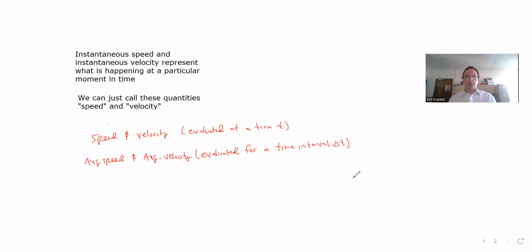For instance, like the movie lasted 90 minutes. 90 minutes is the time interval value for that movie. And that hopefully clarifies for you a little bit what we mean by speed and velocity in the instantaneous sense, or average speed and average velocity in the sense of evaluating what's happening for an entire time interval.